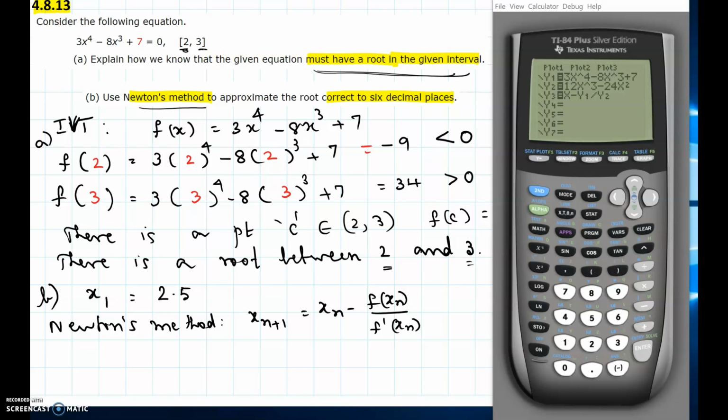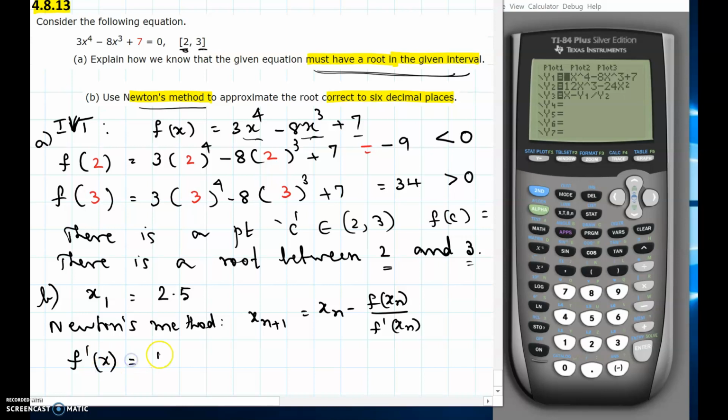As we did in the previous problem, we use the graphing utility for determining the approximated root. Let's plug the given function, 3x to the power 4 minus 8x cubed plus 7, into y1. Then in y2, you plug in the derivative of f of x, which would be 12x cubed minus 24x squared plus 0.